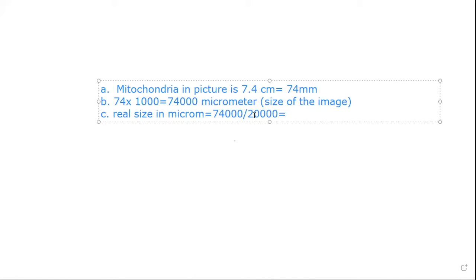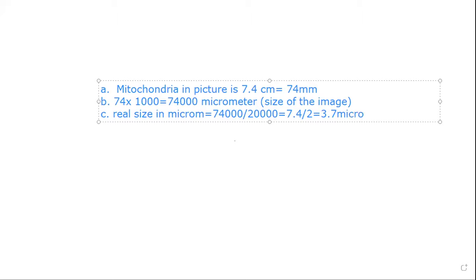74 by 20 means 7.4 by 2. 7.4 divided by 2 equals 3.7. So that is the real size in micrometer.